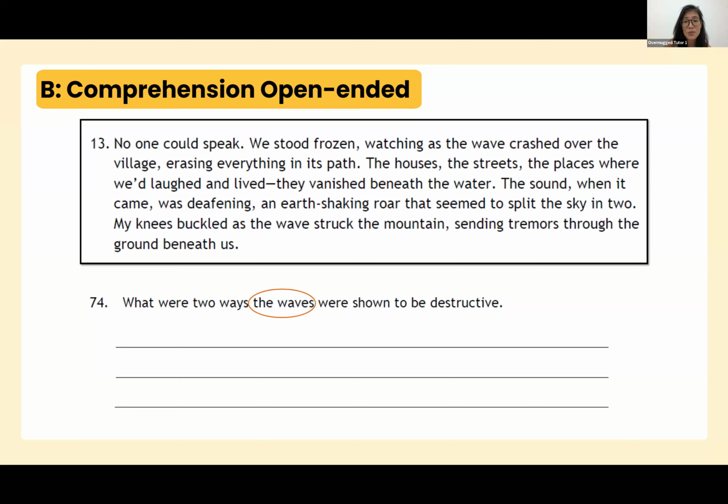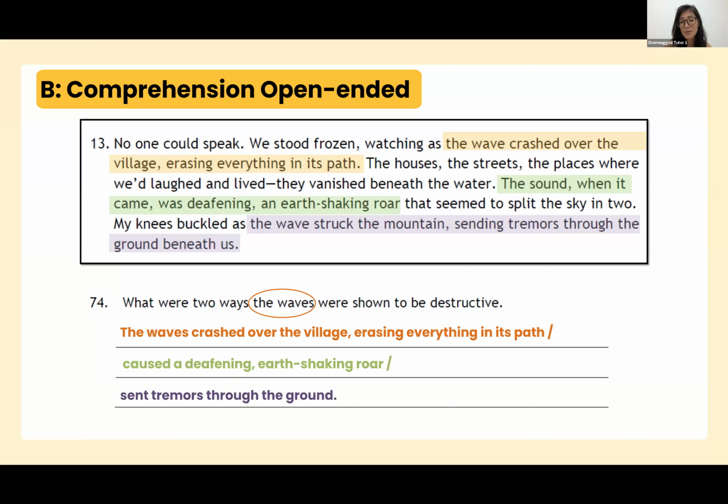You could choose to tell me about the wave crashing over the village, erasing everything in its path. Or you could pick the clue that talks about how it was so destructive, it had a deafening and earth-shaking roar. Or you could say that when the wave struck the mountain, it sent tremors through the ground beneath them. Any of these clues, any 2, would earn you the 2 solid marks.